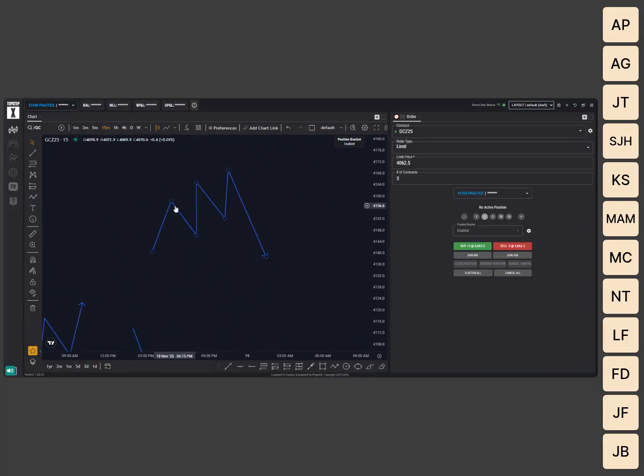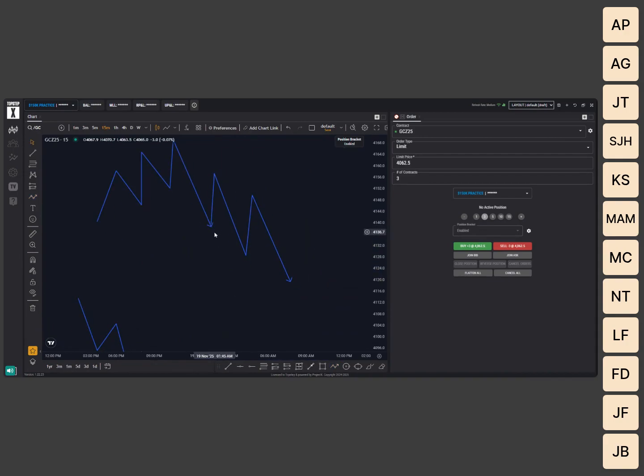Now, if we were in an uptrend, the chart would change because we made a lower low. Now, this gives the chart the permission to now go the opposite way. So this right here is what we call a break of structure, right?